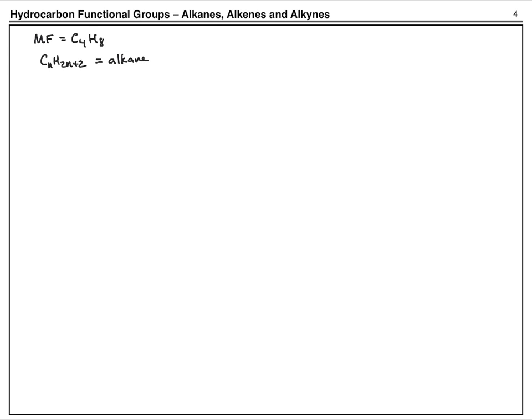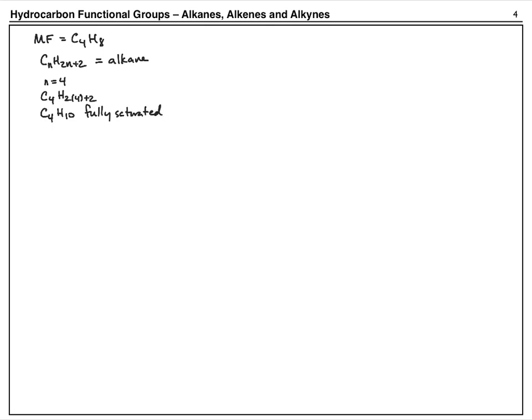So we're given C4H8, so we're given n equals 4. We plug that in, we have C4H2 times 4 plus 2. So for 4 carbons, the molecular formula should be C4H10. And again, that's fully saturated.